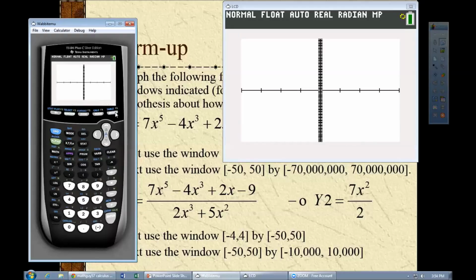And as we take a look at the graphs, you'll see in black that that big rational function takes some interesting turns there, and as x gets a little bit larger, heads off towards infinity. Now we'll see 7x squared over 2.